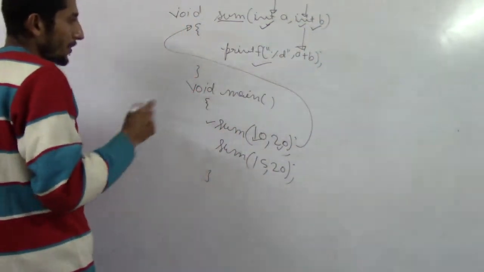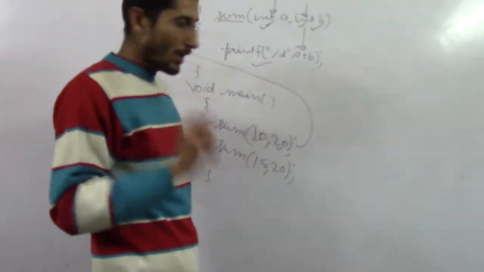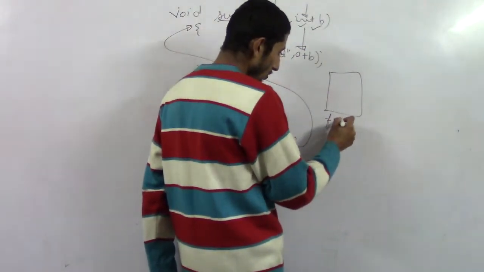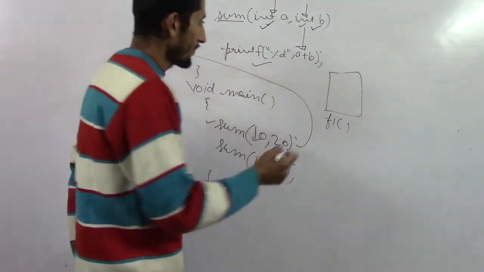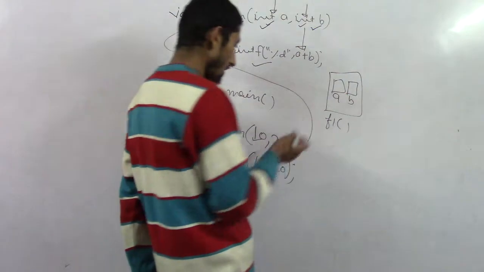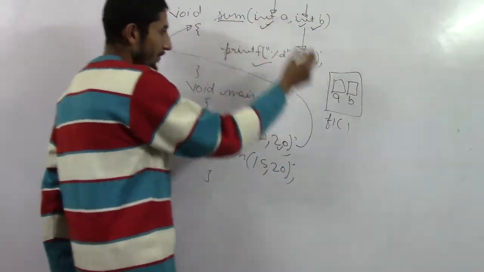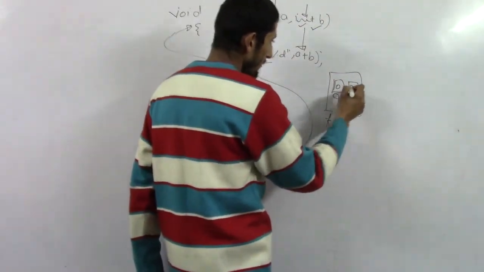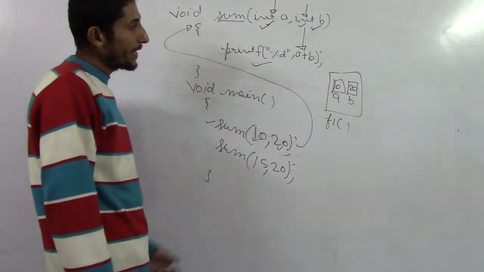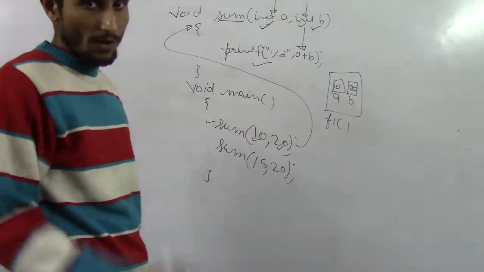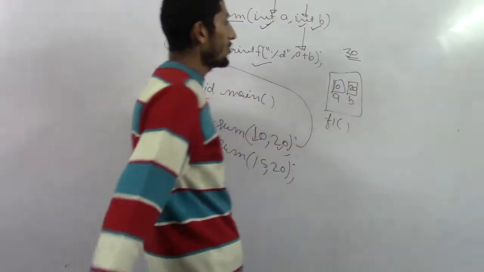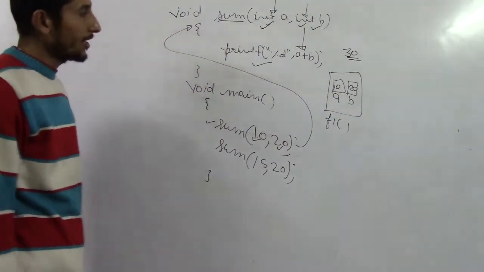From a memory point of view, inside the RAM the compiler will allocate a block f1, and inside it we have two variables a and b. In a it will copy 10 and in b it will copy 20. The compiler will perform a plus b, which means it will print 30 on the command prompt.